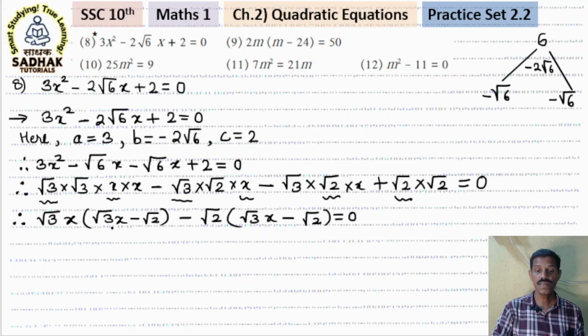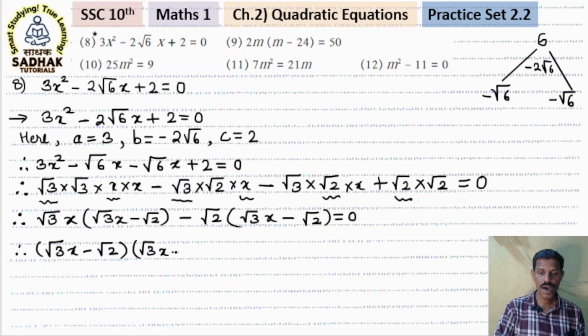Now we can see that this bracket is the same, √3 x − √2. So we will take that common outside, (√3 x − √2), and whatever is remaining, (√3 x − √2), is equal to 0.